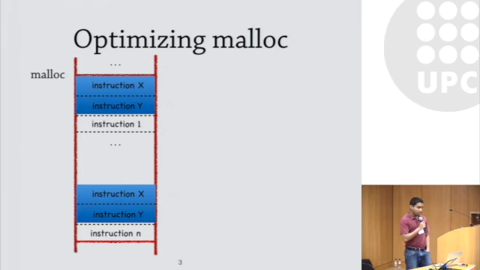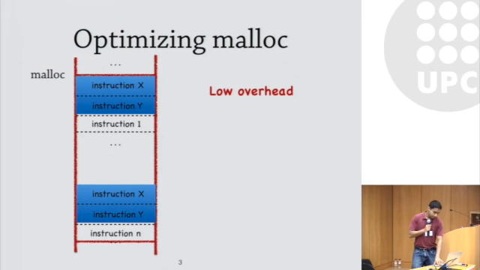Ideally, you would want this profiler not to slow down the application by too much. So whatever probe injection mechanism this profiler is using needs to be low overhead, both when attaching the probes and also when running those probes. So we want it to be low overhead.